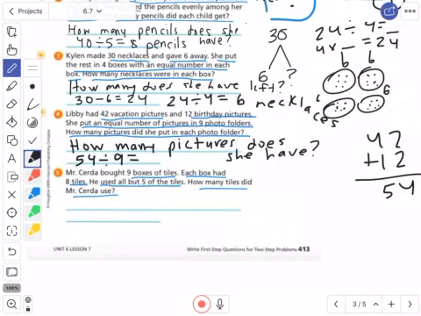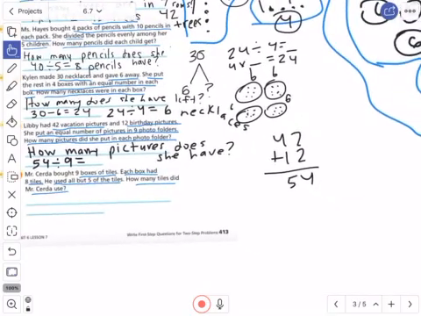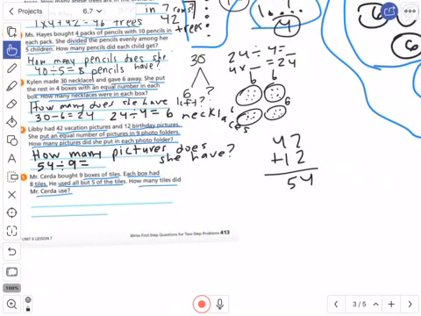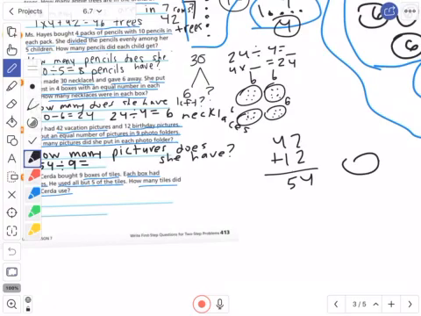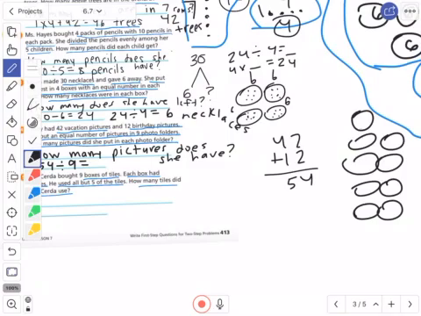The other way I can think about it too, so I'm just going to zoom way out. She puts an equal number in 9 folders. Well, that'd be 1, 2, 3, 4, 5, 6, 7, 8, 9, and she has to split the 54 into those folders.